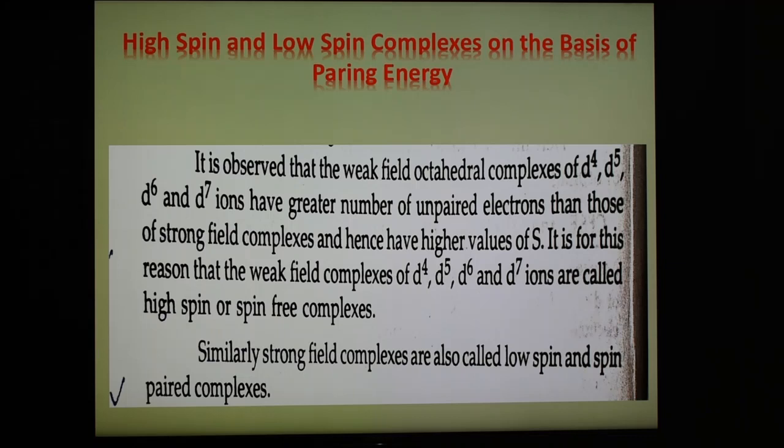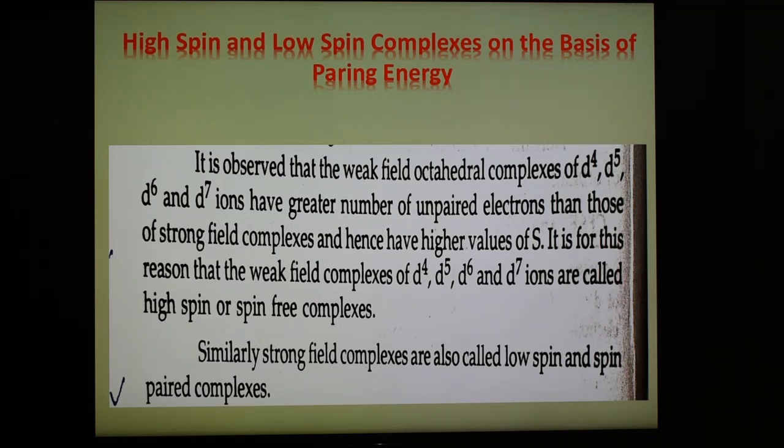It is also observed that weak field octahedral complexes of d4, d5, d6, d7 ions have a greater number of unpaired electrons than strong field complexes. It is for this reason that weak field complexes of d4, d5, d6, d7 ions are called high spin or spin free complexes.